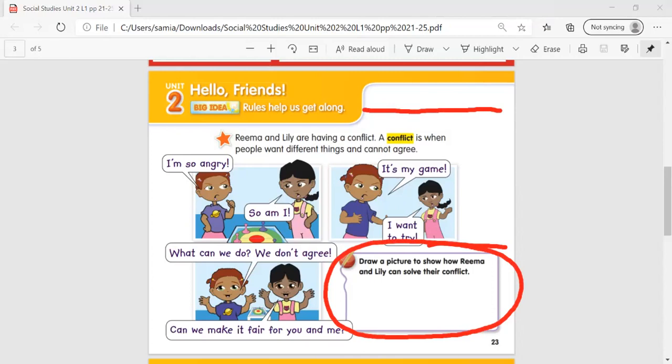Remember, they are having a conflict. They cannot agree on what to do when they're playing together. So we're talking about rules, we're talking about kindness, we're talking about how we can work together. So I want to see a picture of how you think Rima and Lily can solve their conflict. So go ahead and draw it.